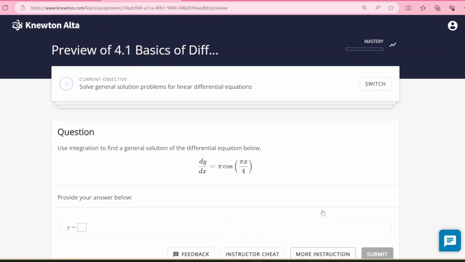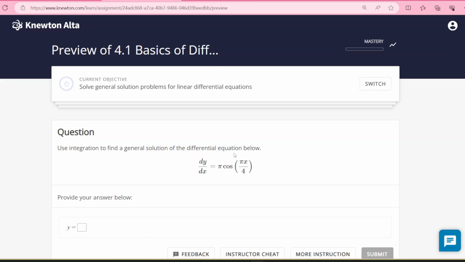Okay. All right, so the first objective I'm looking at here, solve general solution problems for linear differential equations. And this question, we're given instructions. Use integration, right, to find a general solution of the differential equation below.